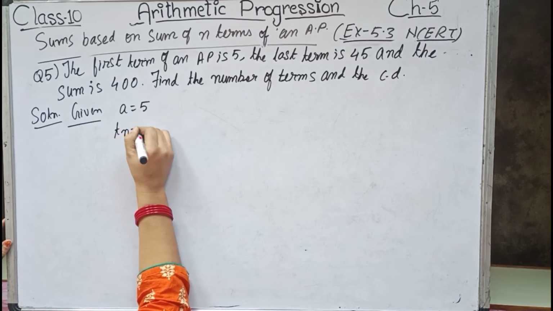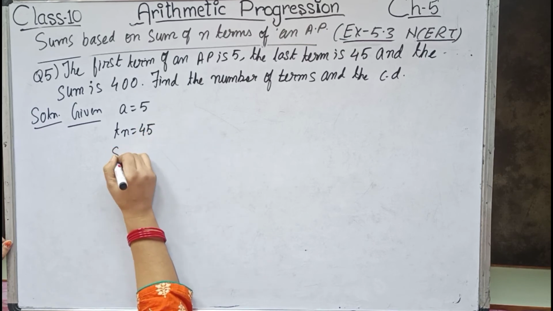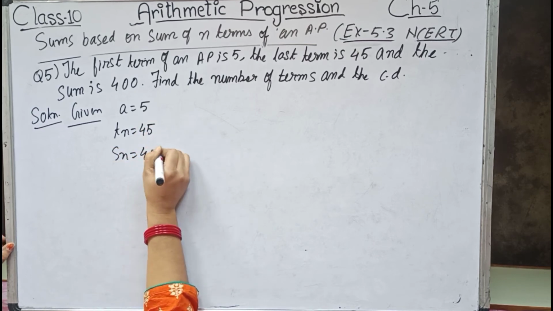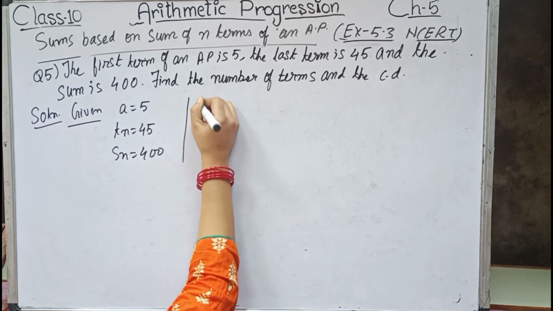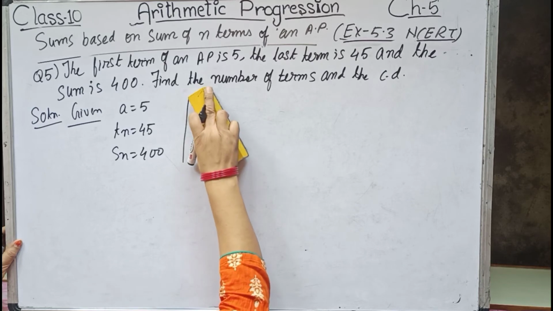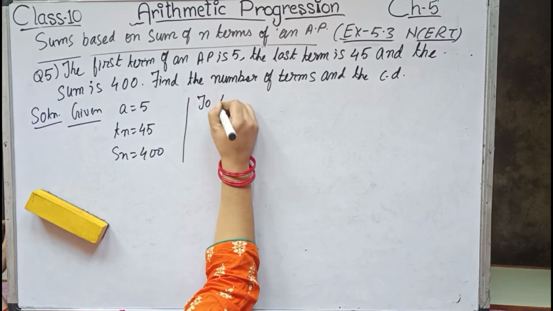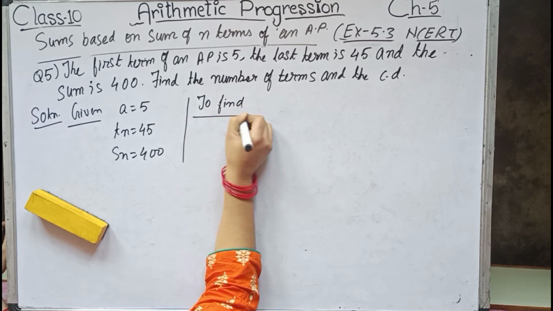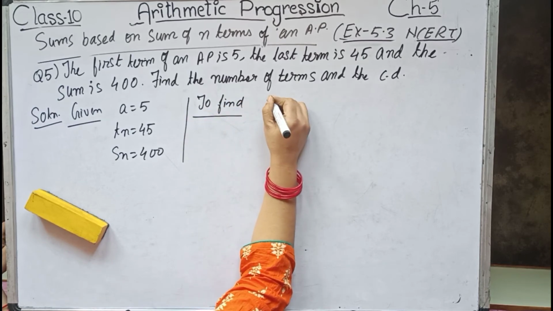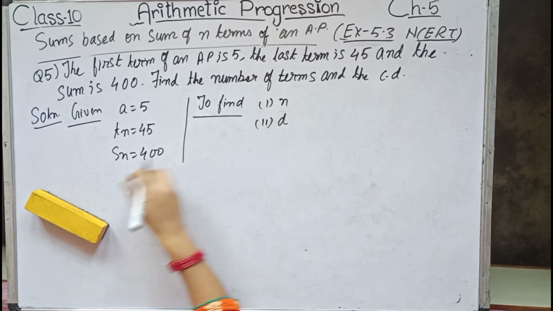I am writing TN equals 45, and the sum is 400, SN equals 400. And what we have to find? To find the number of terms, that is n, and number 2, the common difference, that is d.